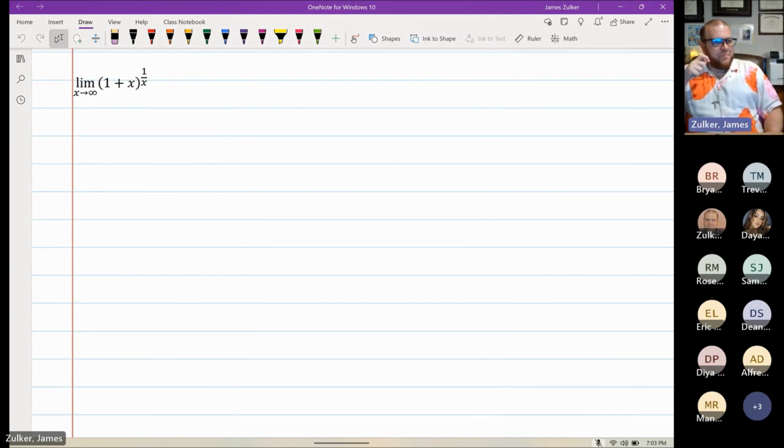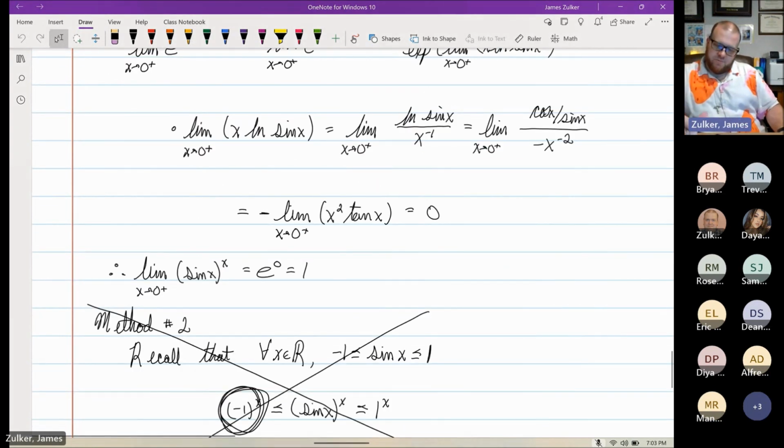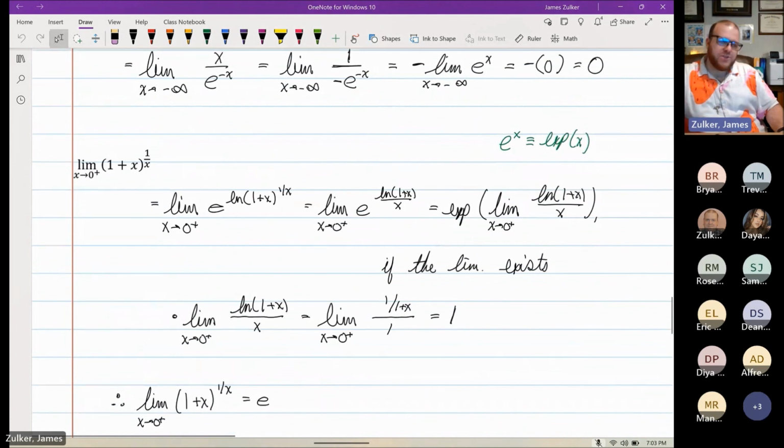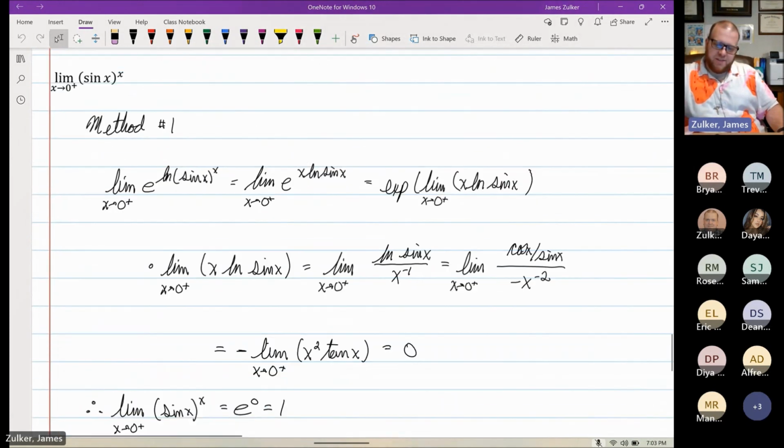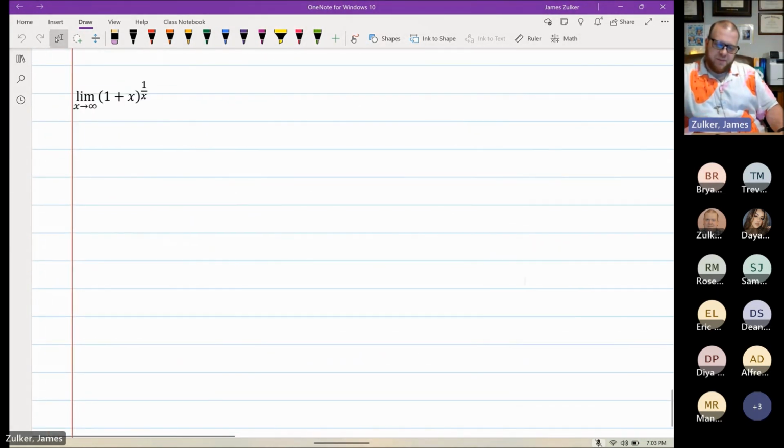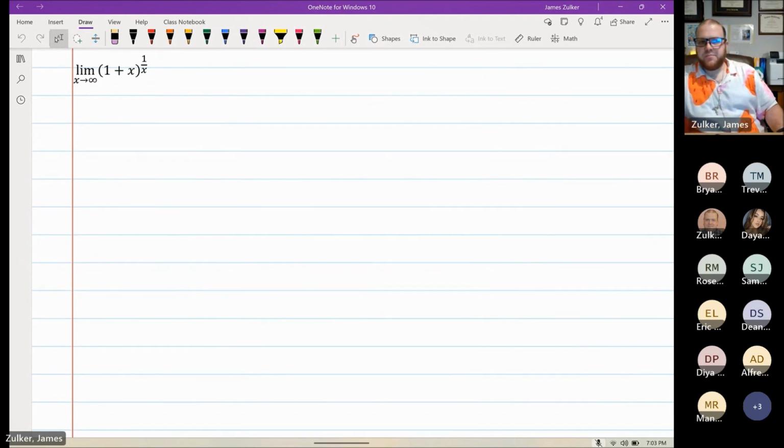Okay, this time we're approaching infinity. Right? So we already did this function where we're approaching 0 from the right. Now we're approaching infinity. Let's see what happens.